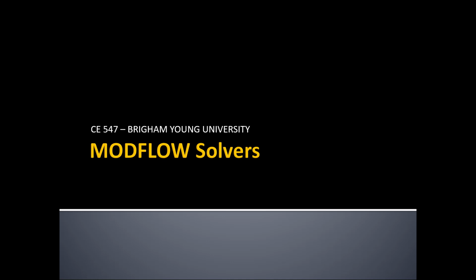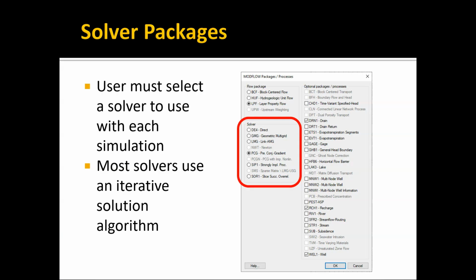Hello again. In this lecture we are going to talk about MODFLOW solvers. Whenever you create a MODFLOW simulation, you have to select one of the solver packages, which are shown here in the packages dialog.